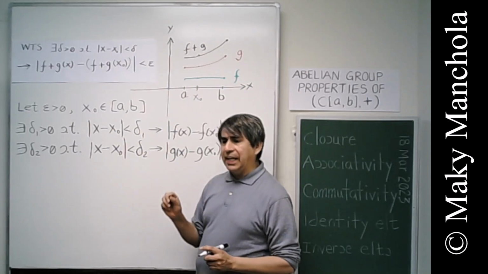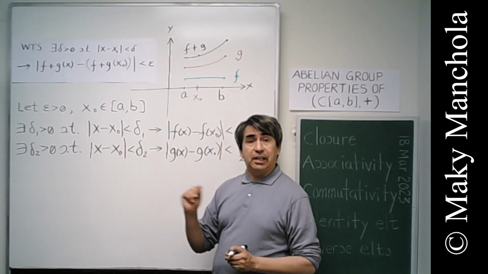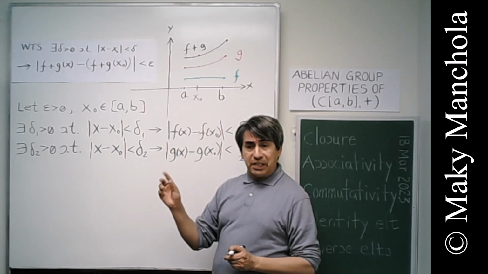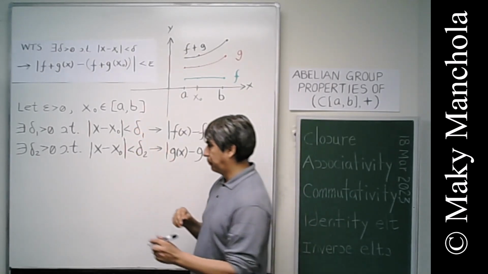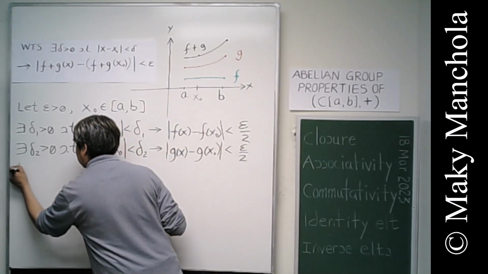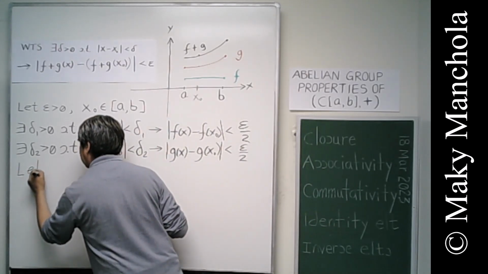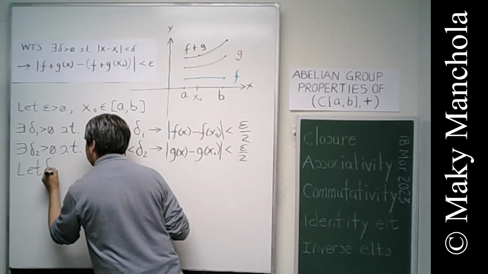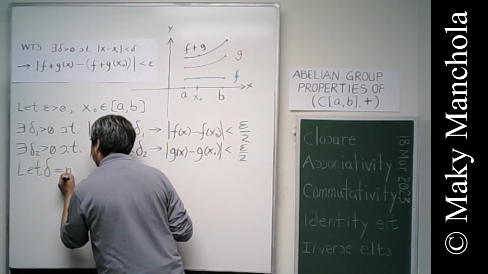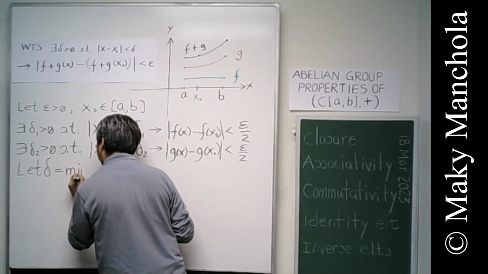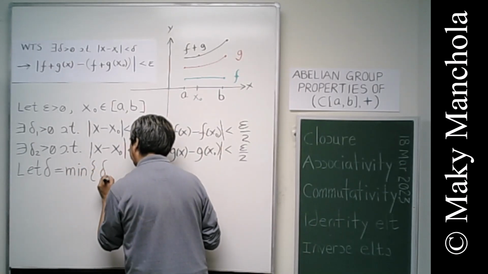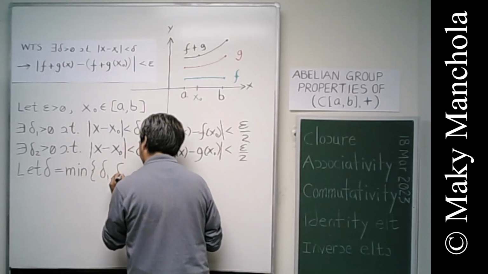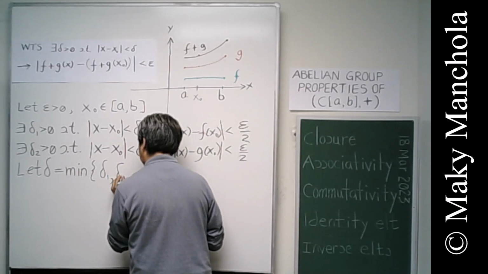So to that end, let's define delta to be the minimum out of these two, delta 1 and delta 2. So let delta equal the minimum value out of delta 1 and delta 2.